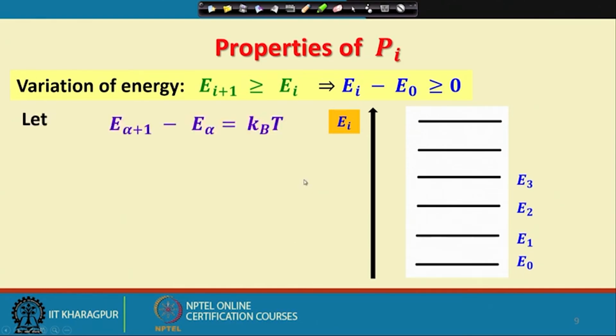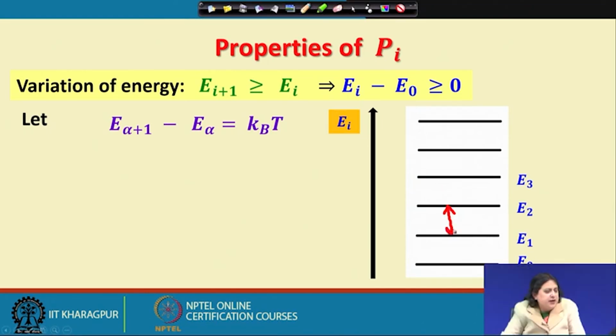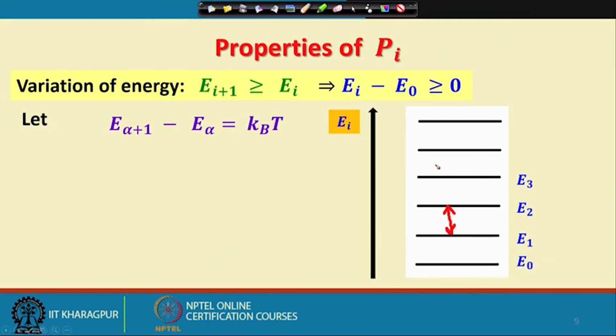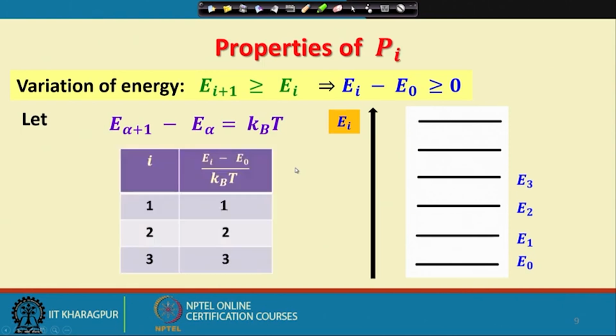Now, for the sake of simplicity, let me assume that the difference in the energy levels, this gap, is uniform for all the energy states, and this is equal to kT. Once we do that, it is possible for us to have a simpler expression for this quantity (E_i minus E_0) by kT.